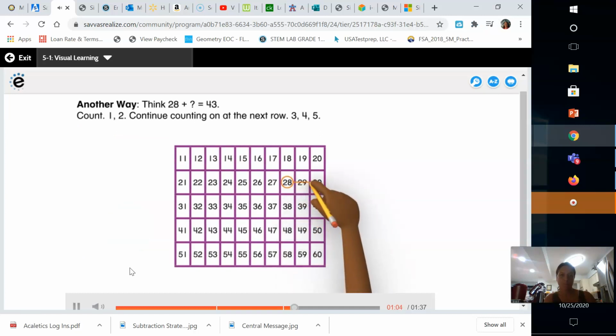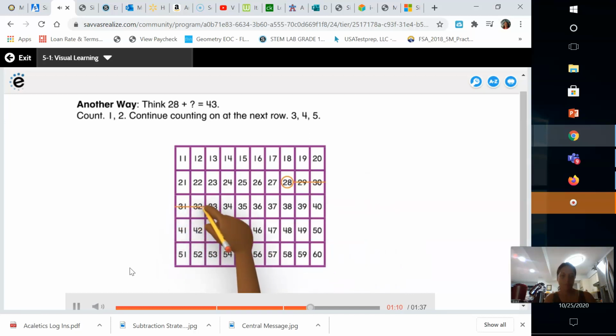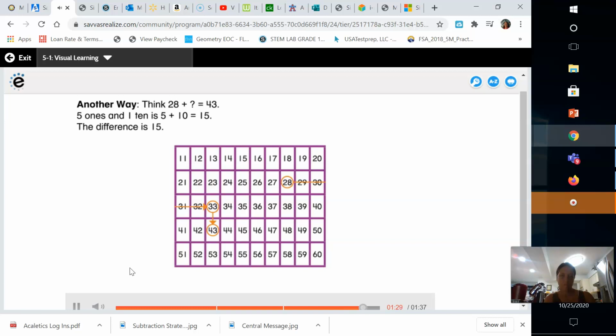Count 1, 2. Continue counting on at the next row. 3, 4, 5. 5 ones. Now count on 110 to get to 43. 5 ones and 110 is 5 plus 10 equals 15. The difference is 15. 28 plus 15 equals 43.